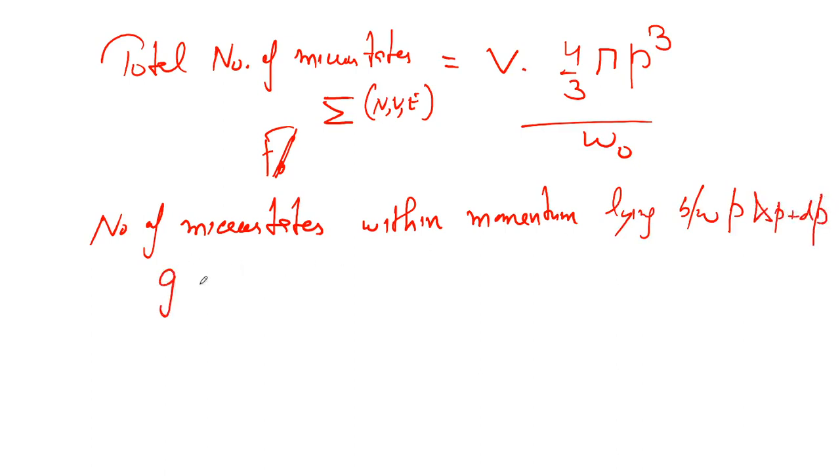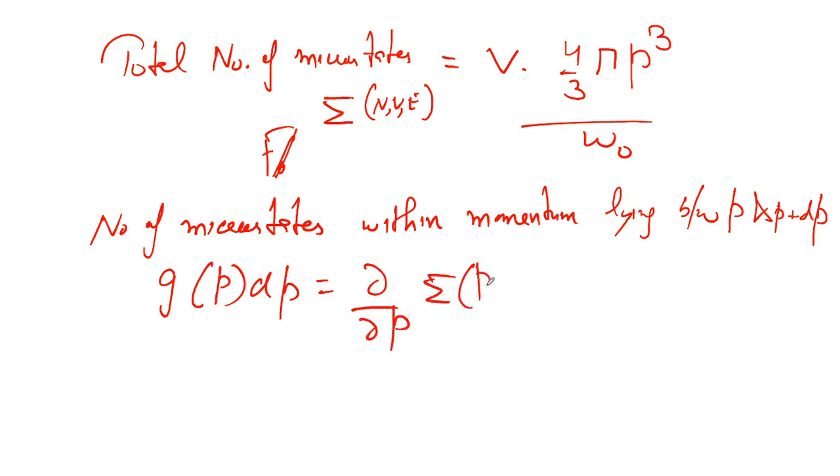So this number of microstates is given in terms of g(p) dp, and that is equal to curly d by curly dP of the summation, the total number of microstates, which is a function of momentum.